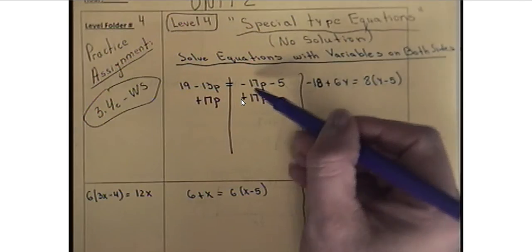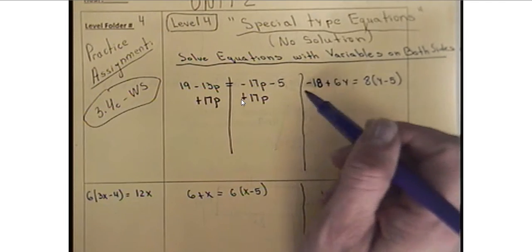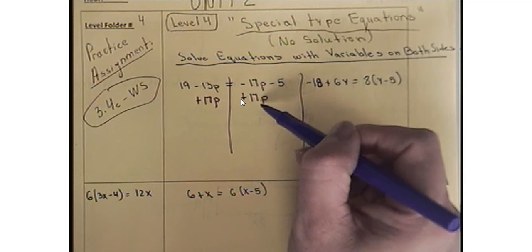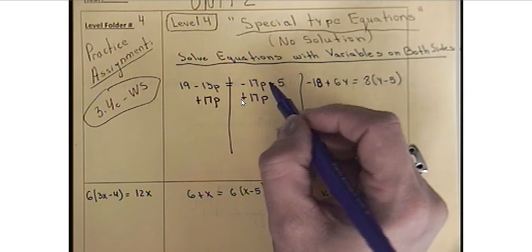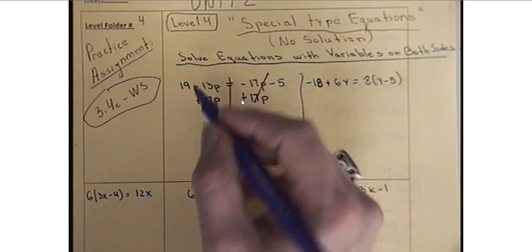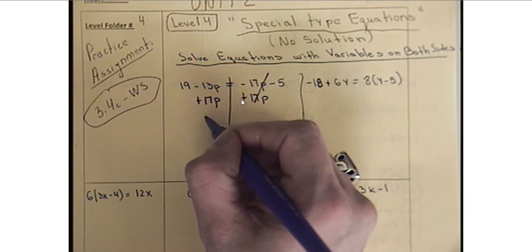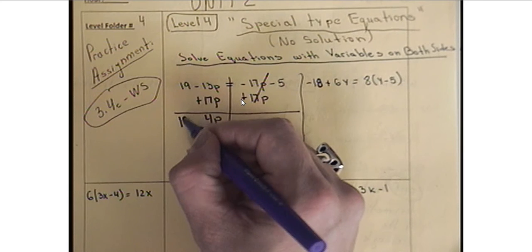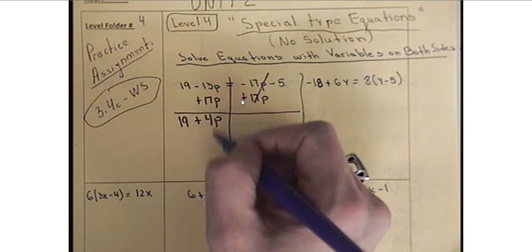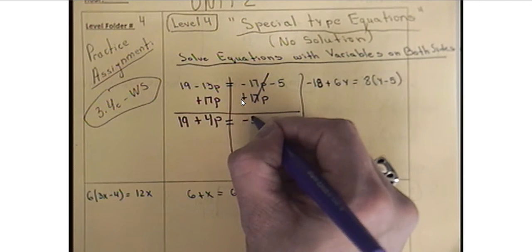And make sure you line up under the variable, not way to the left or way to the right, under the exact number that you're working with. So negative 17p plus 17p cancel out. Negative 13 plus 17 will give me 4p. Okay, we have 19 here. 19 plus 4p will be equal to negative p.